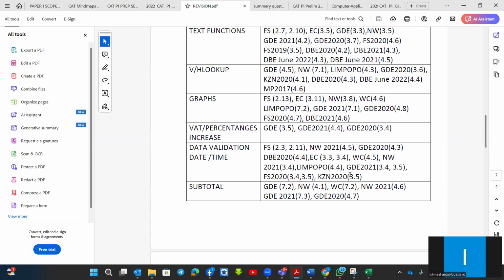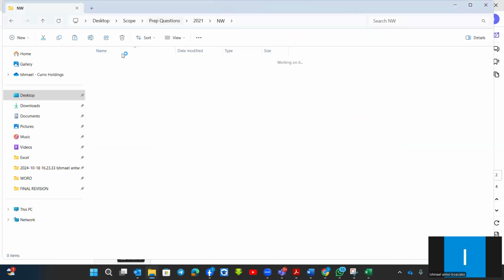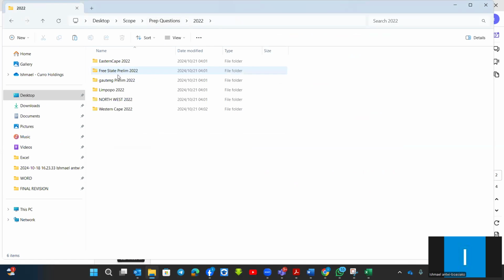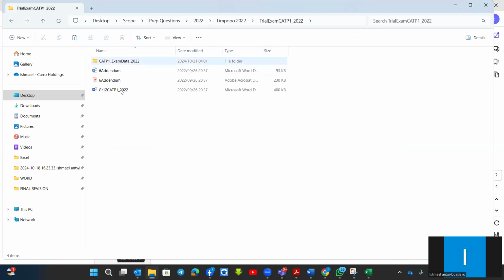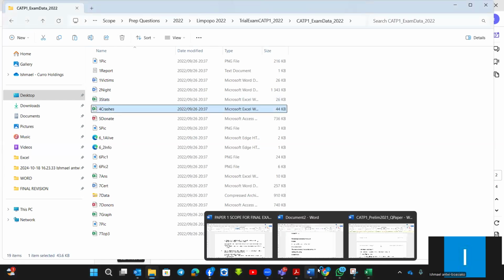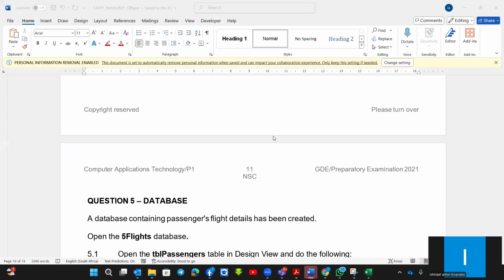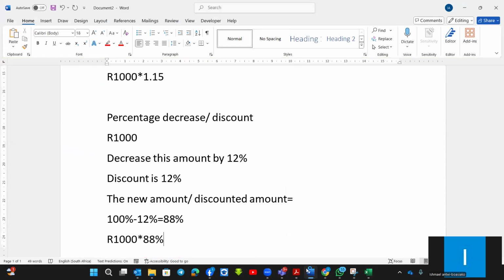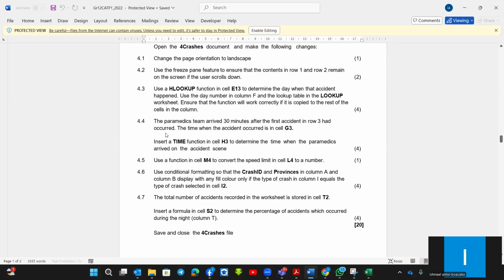Limpopo question number 4, 2022. Right, 4 crashes. 4.4.